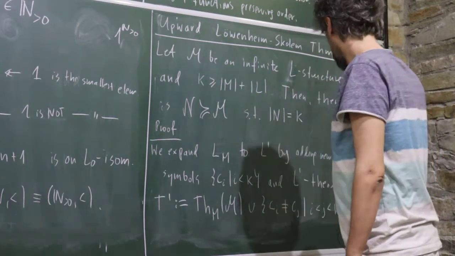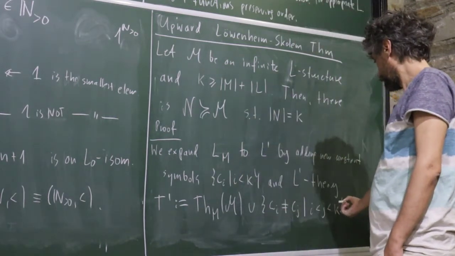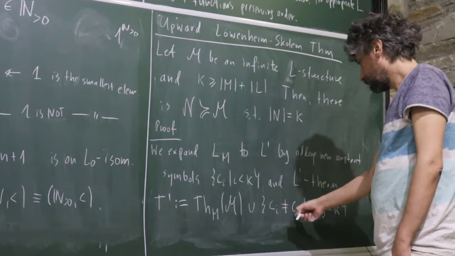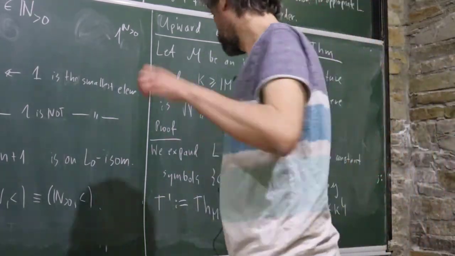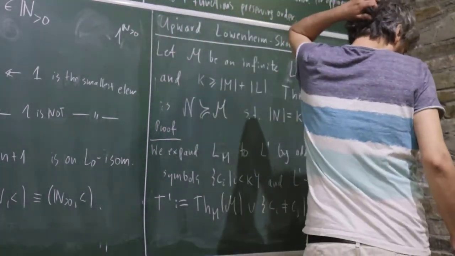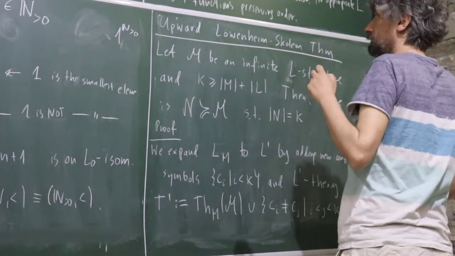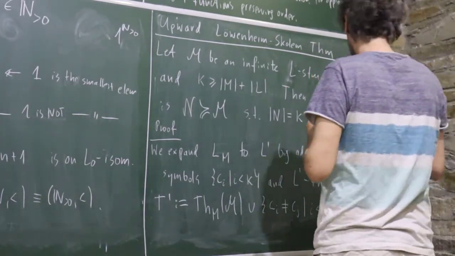So for all different pairs of indices smaller than kappa, the theory says the interpretations of these constants are different.